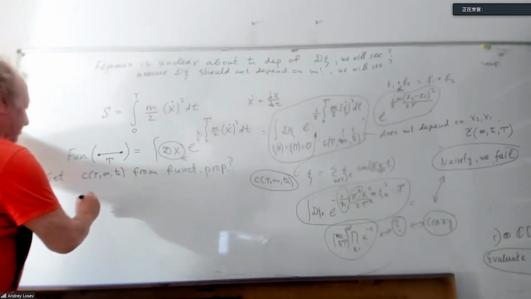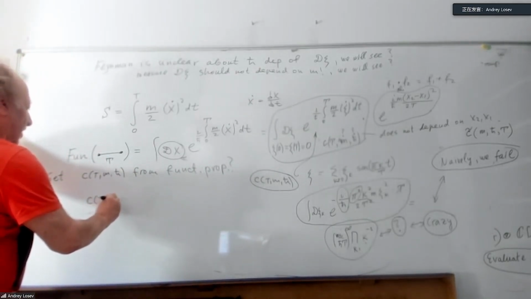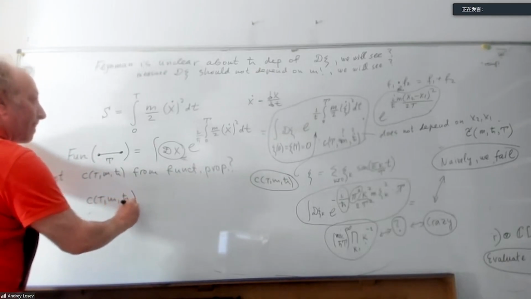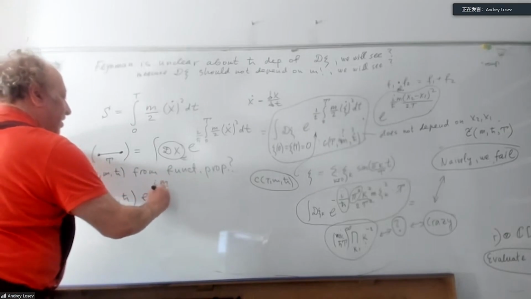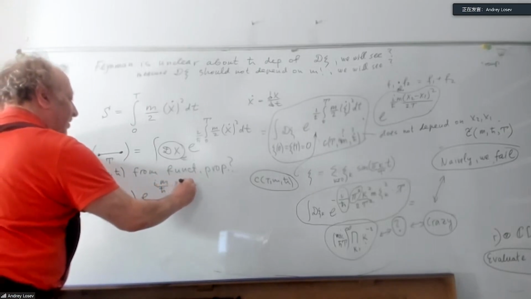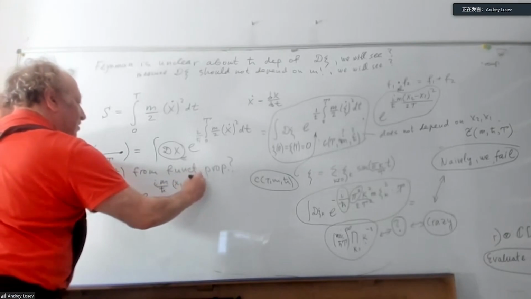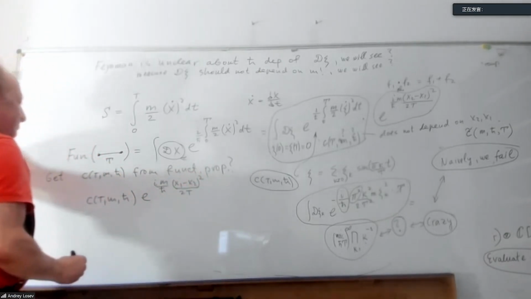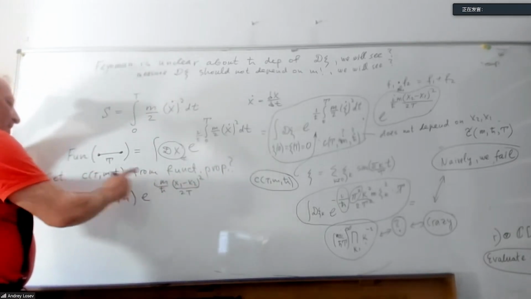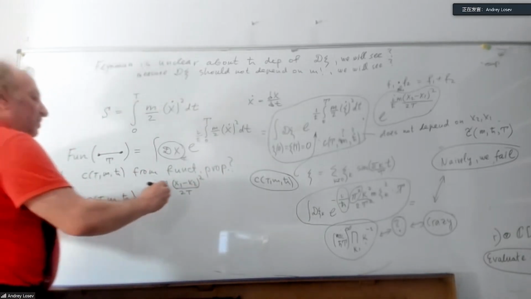So I write CTMH, e to the IMH (x1 minus x2) squared over 2t. And I want this thing to be functorial.